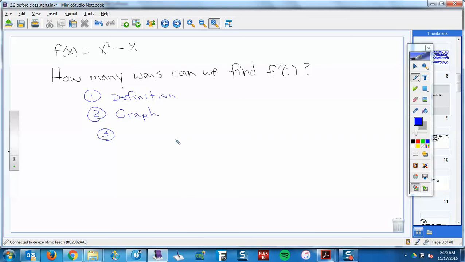What's another one? Zoom in. 1 and 1.001, right? Do a slope calculation there. Okay? All right. I would agree. Any other one would probably just be variations off of that, I suppose, right?